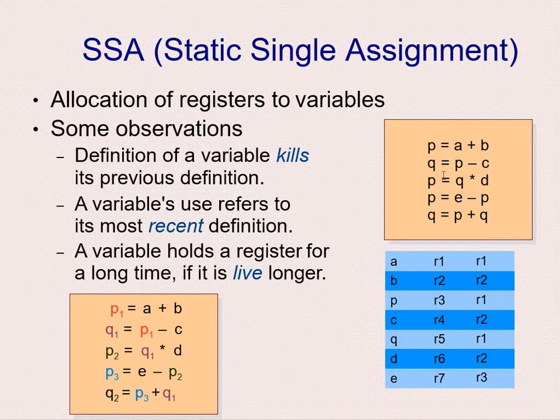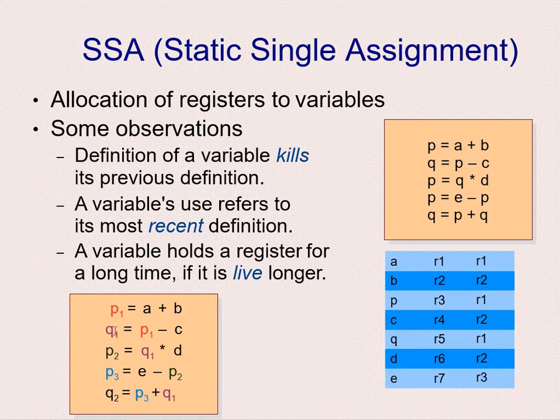Like this, as mentioned here, a variable's use refers to its most recent definition. So for this purpose we have changed the name of the variable, like here a plus b, and this one we have kept as p1, so that we can distinguish, since p is coming multiple times. So here this one is old p, and this old p we are taking here minus c, and this is q1 coming.